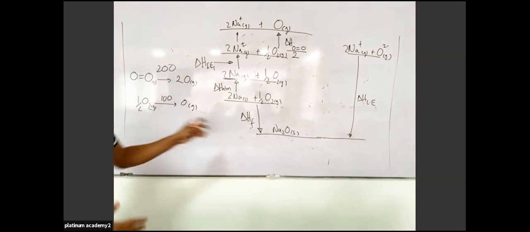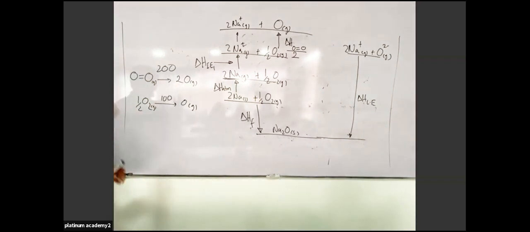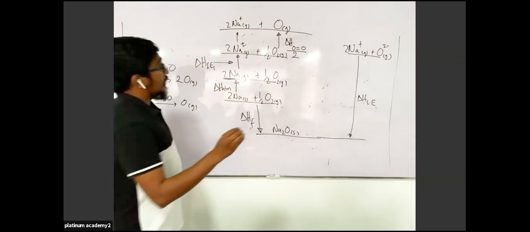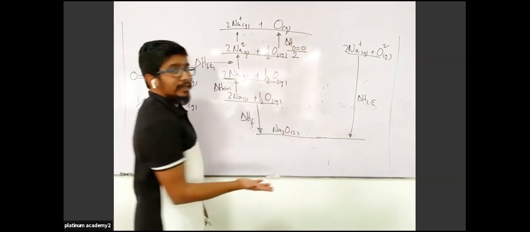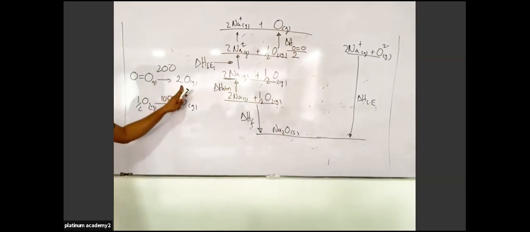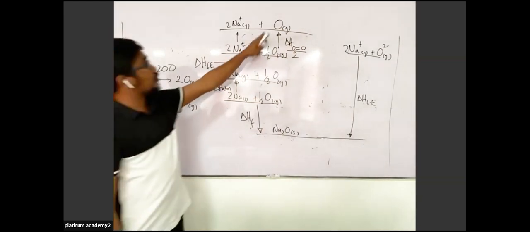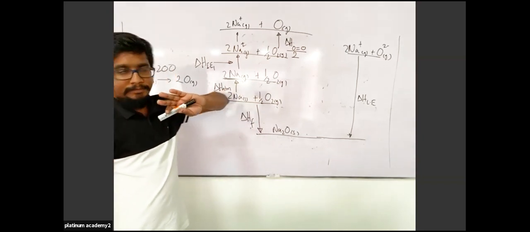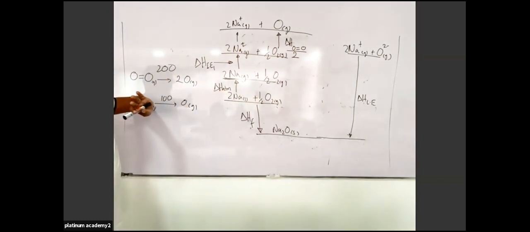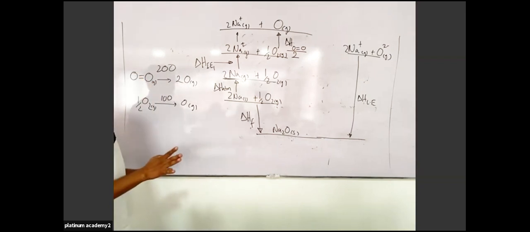Therefore, always use bond enthalpy. But when you use bond enthalpies, if you are getting only one gaseous atom, divide the bond enthalpy by 2, because when you break a bond, you get 2 atoms. But if you need 2 atoms, you don't divide. Get it? Then we are now reaching our target.